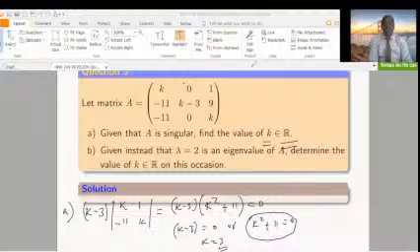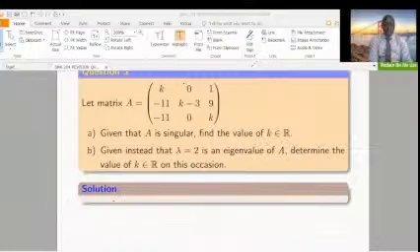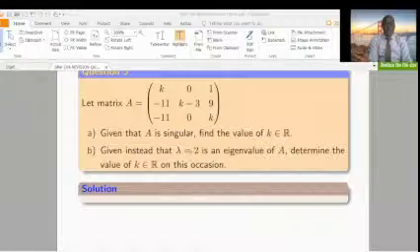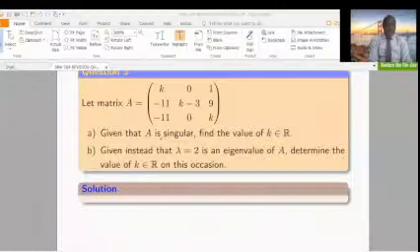Now let's look at the next question, B. Question B says that given that 2 is an eigenvalue for this matrix, determine the value of K. And again, the question wants us just to get the real value of K. Now, this is an eigenvalue.